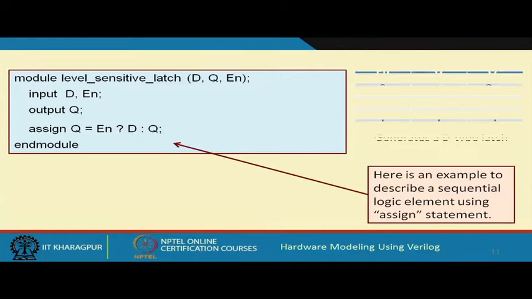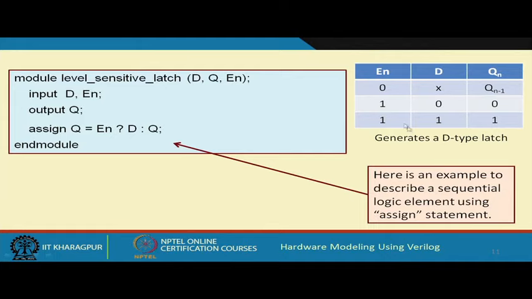Whenever this kind of assignment, Q going to Q, is there, the synthesizer will immediately deduce that I need to generate a latch or a memory element, because I have to memorize some data value. As this example says, for a certain condition of the enable, when enable is 0, I have to remember the value of Q, because the output Q will be equal to the old value of Q. This will correspond to a state table like this.